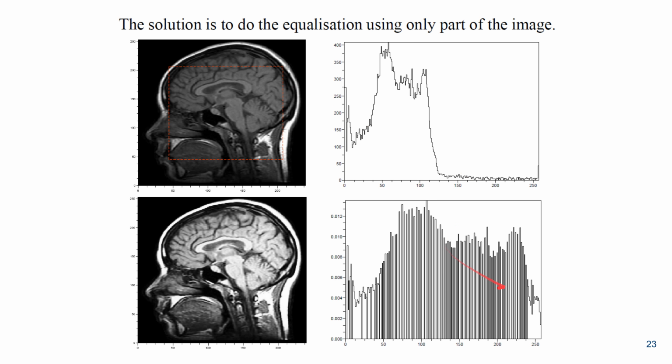The result is we get an image that looks like this, and a histogram that is stretched out, and we're making much better, more equal use of each of the intensities. Remember, this is the pixel value in the image. So we've got a way of enhancing the contrast of this image compared to the original.